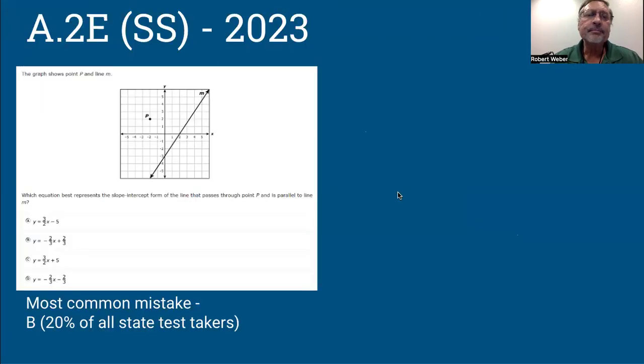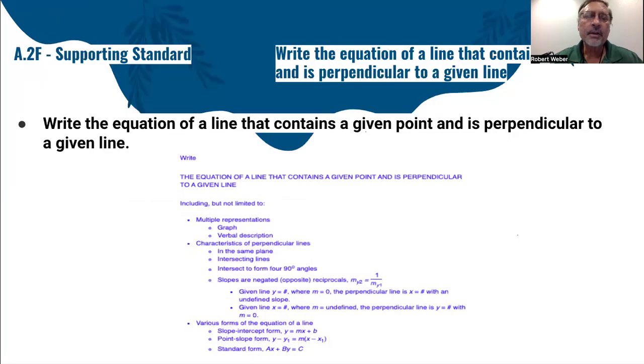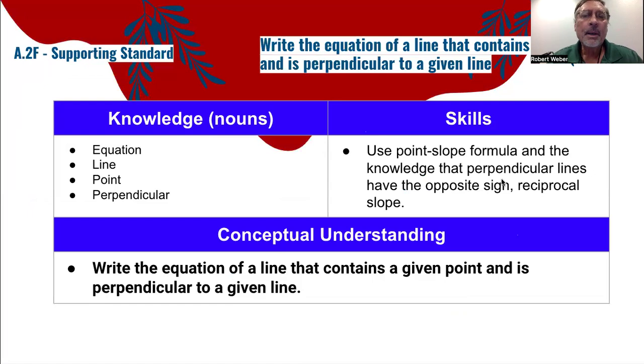2F, oops, we missed one. Well, looks like I need to add a slide there. I'll go back and do that. No, I guess it's just in a different color. 2F, writing the equation of a line that contains a point that is perpendicular to a given line. So opposite reciprocal slopes, opposite sign reciprocal slopes, and some additional information.